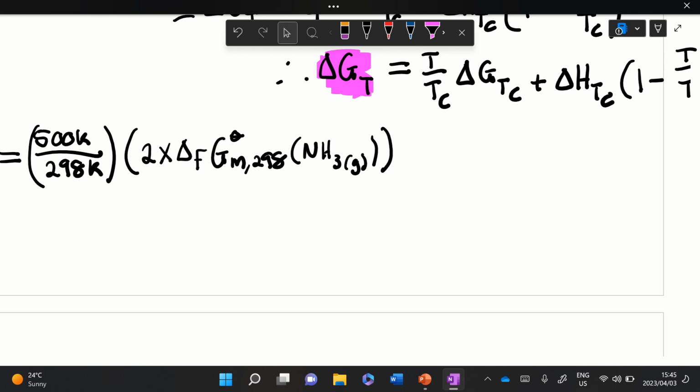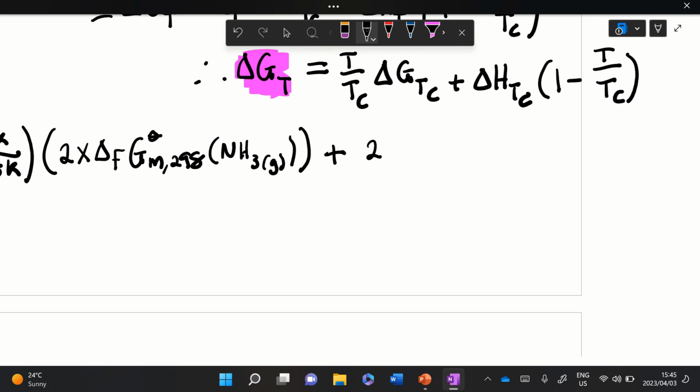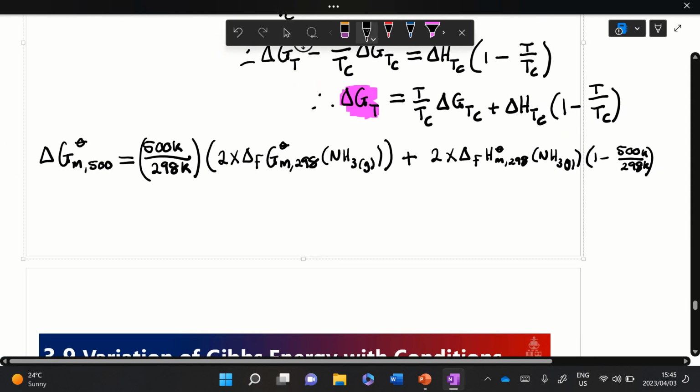And then same for the enthalpy. So we have 2 times the formation enthalpy of ammonia, and that is times 1 minus 500 over 298 Kelvin.